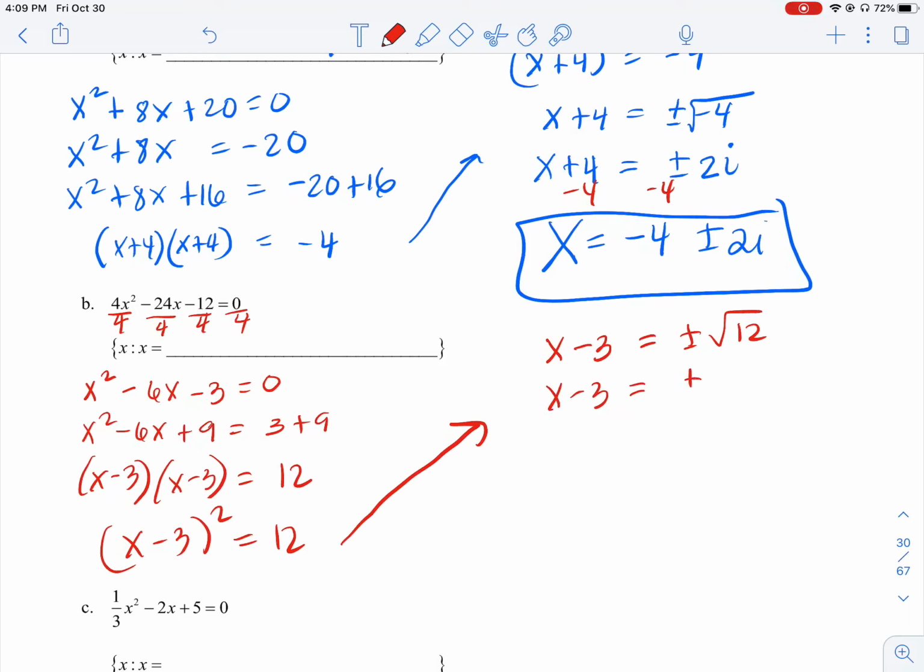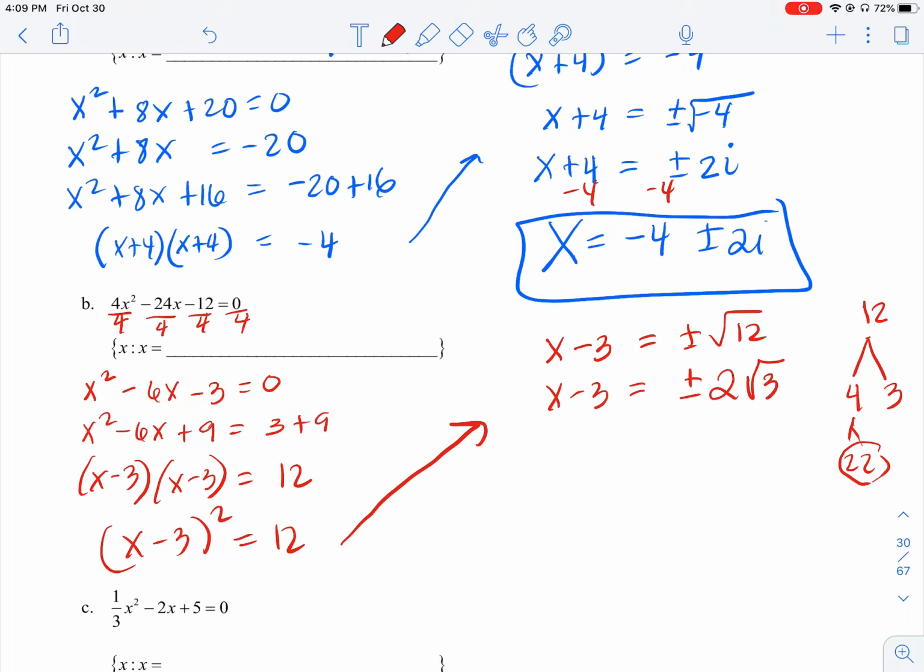And square root of 12 is not a perfect square, unfortunately, but we can make a tree, and I already taught you guys how to make a tree. So you have 4 times 3 is 12, and that's 2 and 2. Double go, you already know, right? Double go out, single go in.